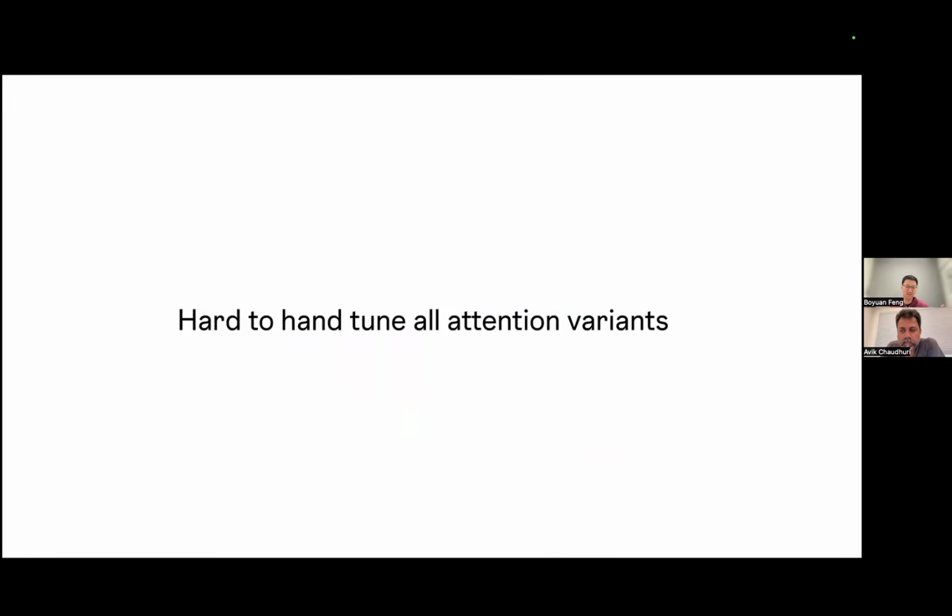Many times when a machine learning researcher proposes something new, they may not have the expertise to manually tune the kernel. So they probably find some GPU expert and ask them to spend one or two weeks to write a good kernel. Then they use this kernel to try, and sometimes this new variant doesn't work. So the GPU expert spent two weeks of work for nothing. It's very hard to do that. That's why we want FlexAttention.